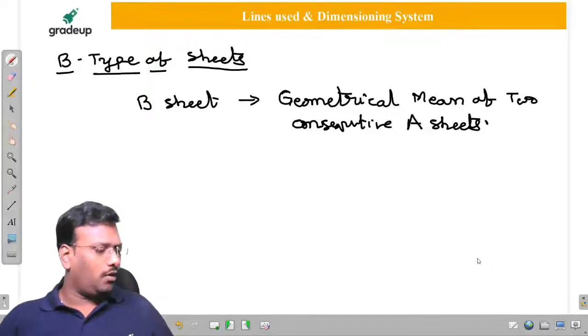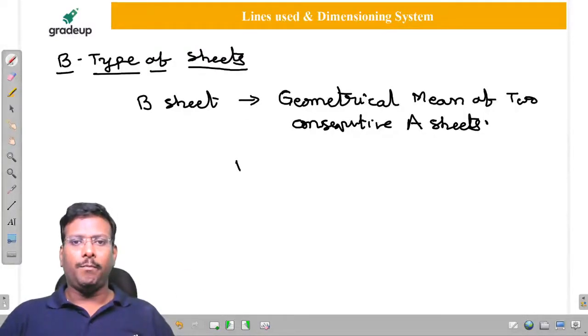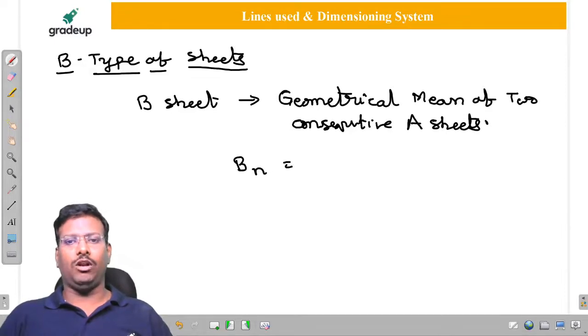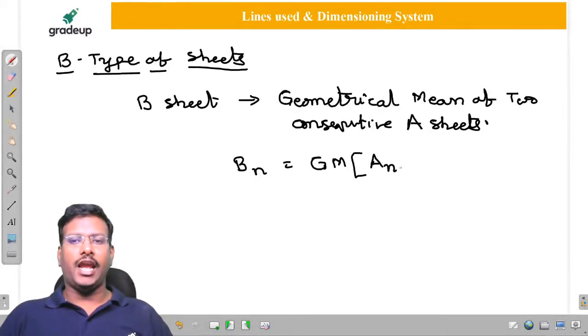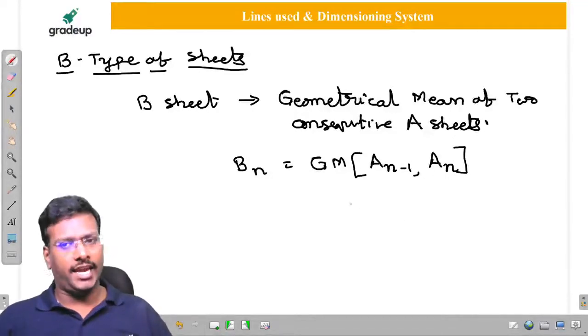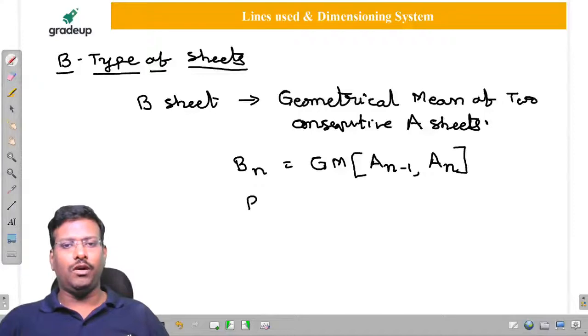For example, all of you observe: Bn is equal to the geometrical mean of An minus 1 and An. So for example, what is B1 size?